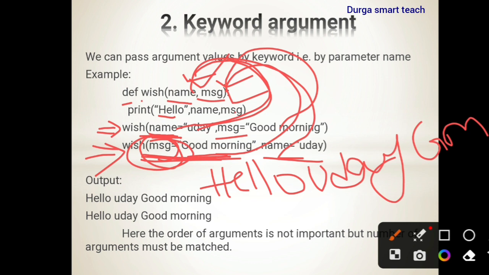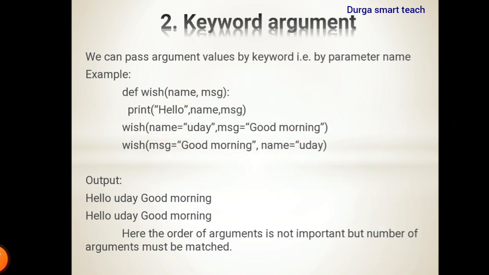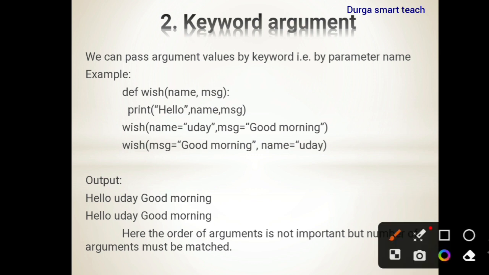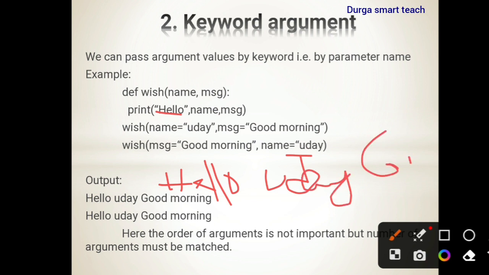Okay, so here order is not important, the position is not important, the keyword is important. By using keyword we are assigning the values to variables. After that it will print hello, name is the same, right, and message is good morning.